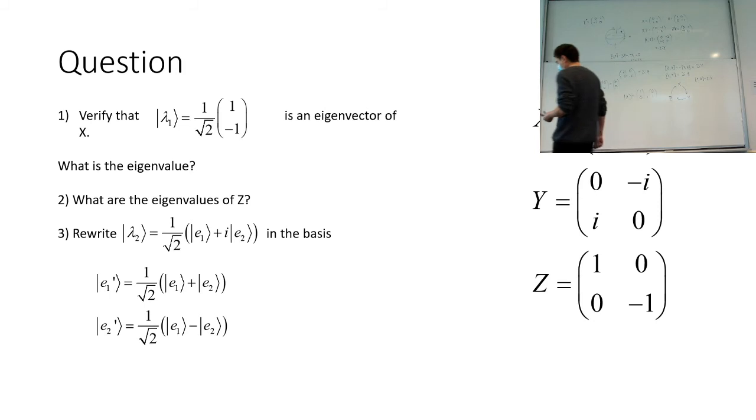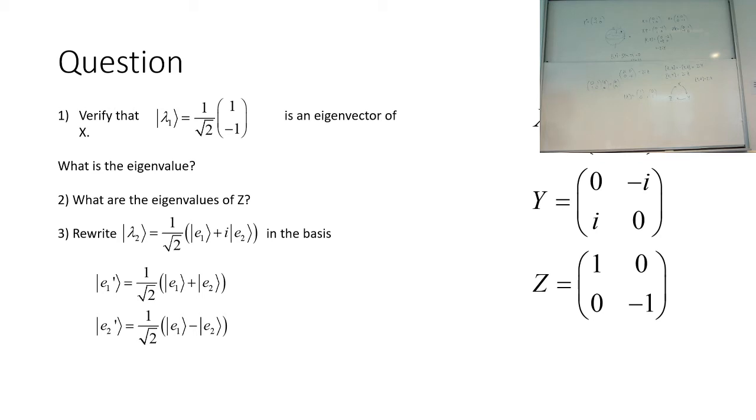What you need to do is transform this thing into the basis of E1 prime and E2 prime. Okay, you guys are already working on it. So there'll be like 2 steps to this, okay?